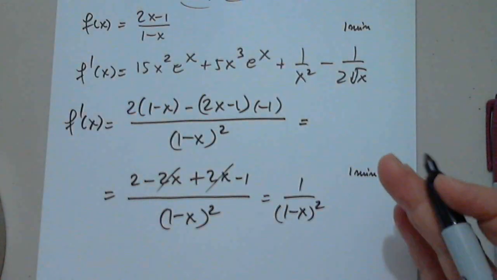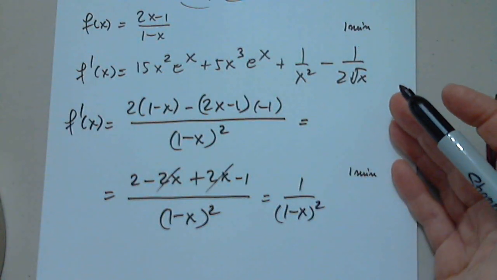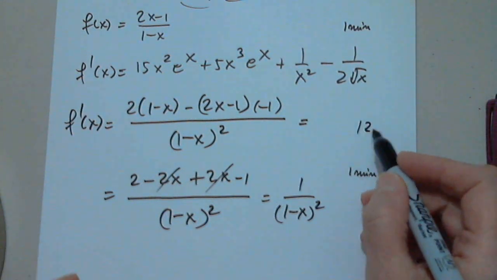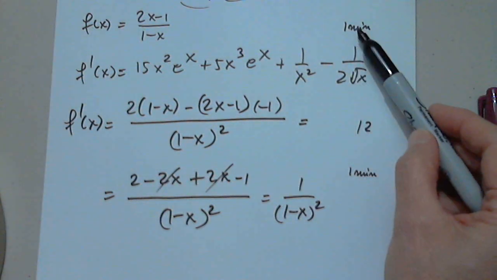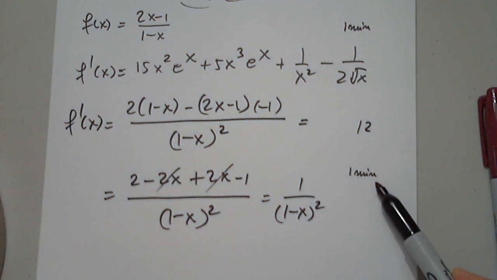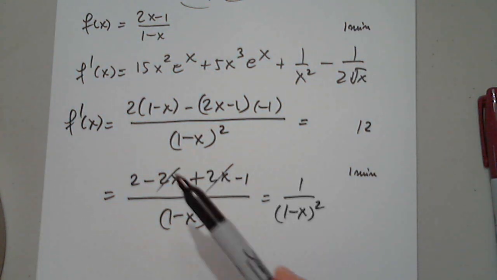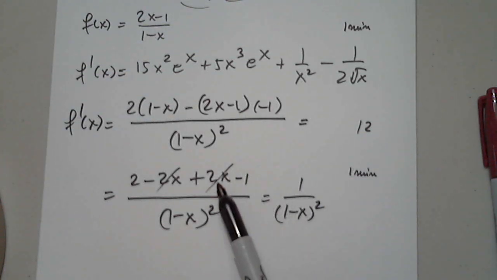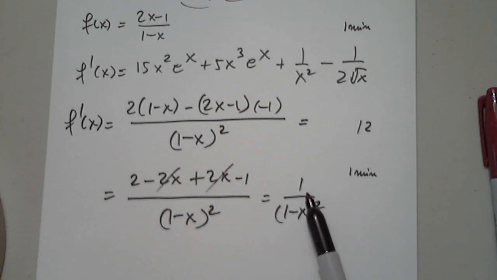So the point I'm making here is, do you have to finish in 1 minute? No. You had 12 minutes. But the more you practice, the easier everything becomes. So 2 minus 2x, but negative 1 with negative 1 will cancel out. So then you have plus 2x minus 1. These two go away, and 2 minus 1 is 1.